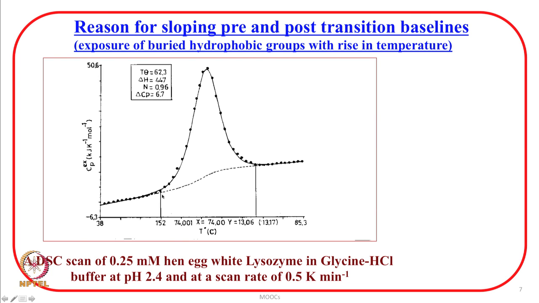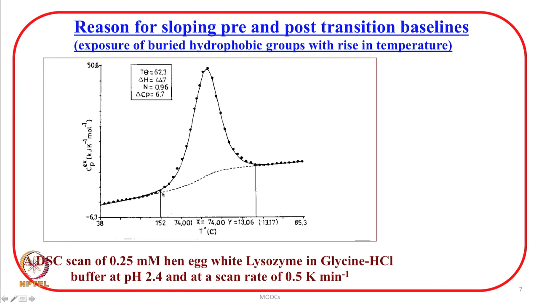And when there is sufficient heat for the protein to unfold in a cooperative manner, you see the transition appearing here. It reflects the cooperativity of the process, giving us another conclusion that unfolding is a cooperative process. A cooperative process is one in which one event facilitates the next event.